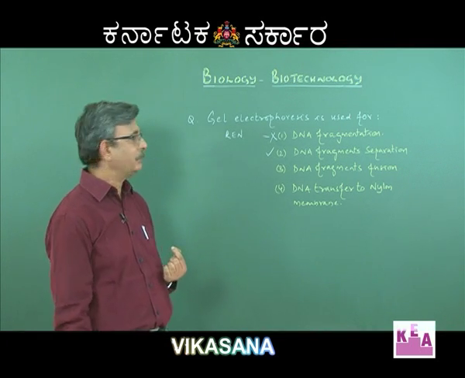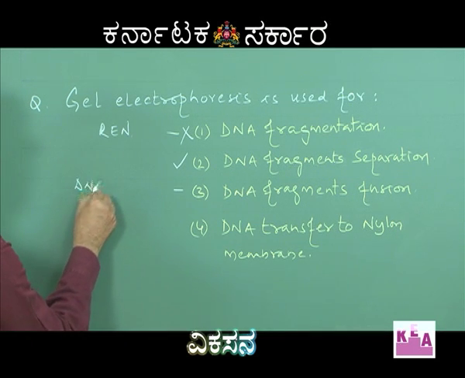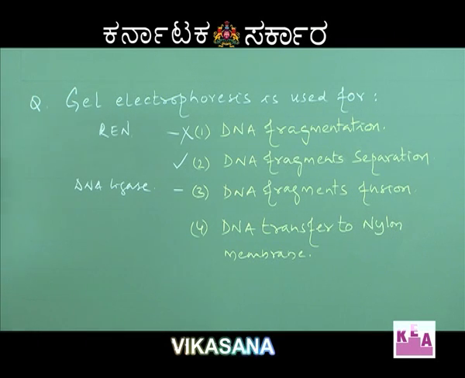The third option, DNA fragments fusion, which we already know is for fusing the DNA obtained from two sources. As we know, one is the gene of interest, the second one is the vector DNA. We use the enzyme DNA ligase. So, this is not our answer. DNA transfer to nylon membrane. Normally this is done in case of DNA fingerprinting that you have studied in molecular basis of inheritance.